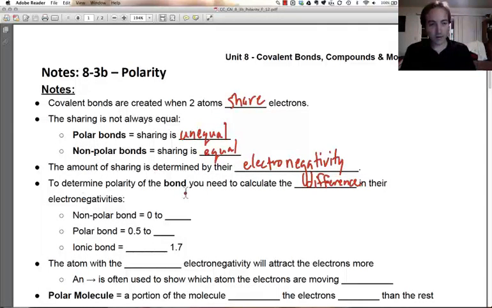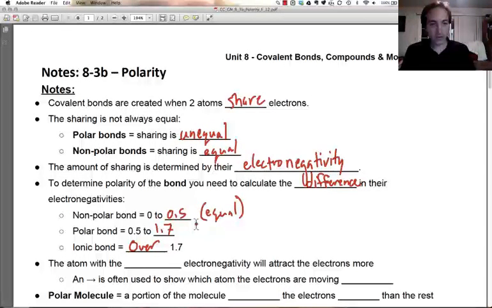A nonpolar bond will have a difference of 0 to 0.5. A polar bond will have a difference from 0.5 to 1.7, and an ionic bond will have a difference over 1.7. So in the nonpolar case, you have relatively equal sharing.